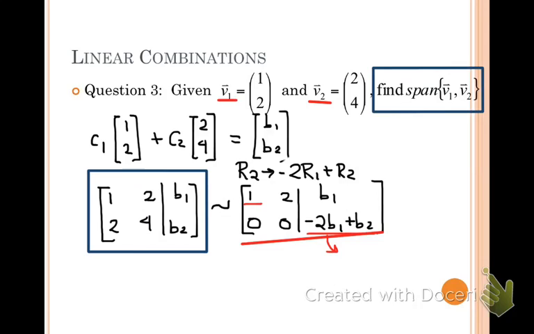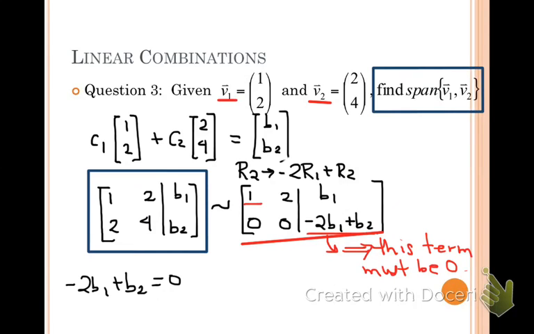So for this system to be consistent, it implies that this term must be 0. Given that, we have to solve the following: minus 2b1 plus b2 equal to 0. If we solve this, we find that b2 is twice b1. So now let's look at b. b is the vector (b1, b2).